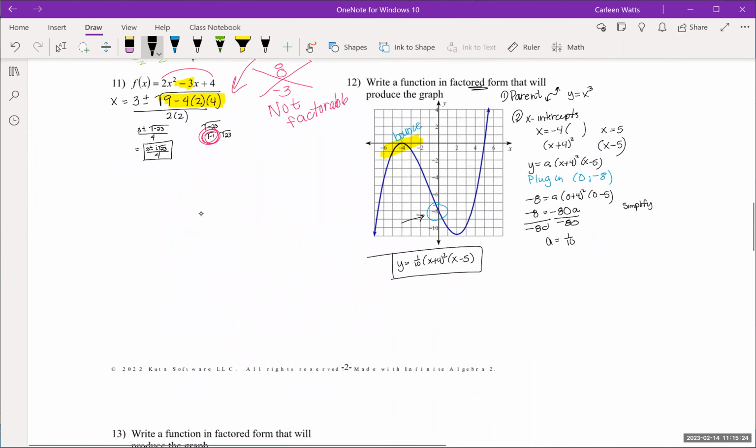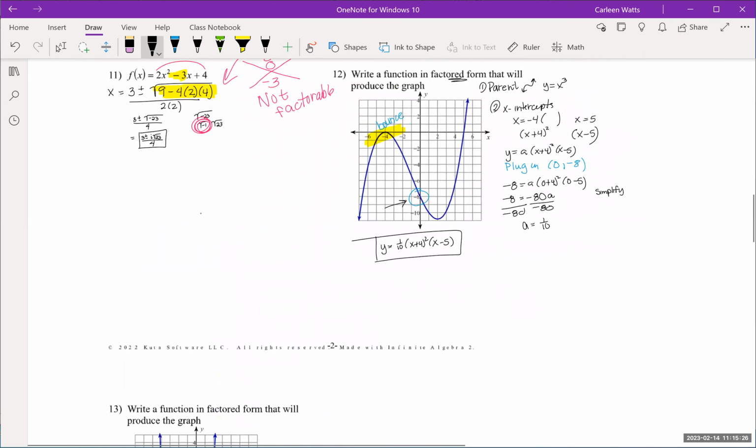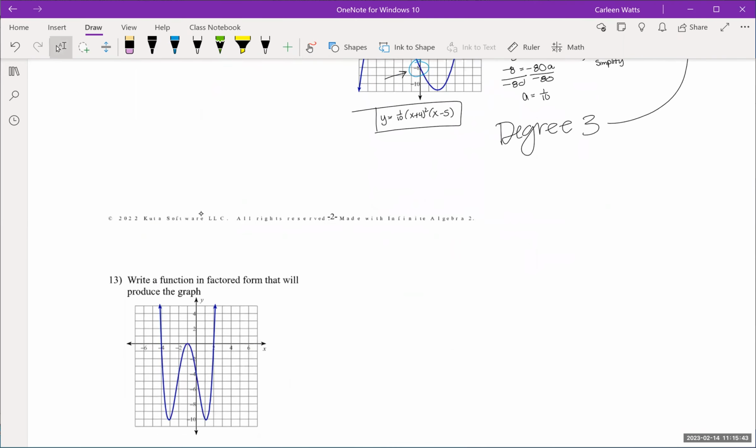Here's the deal. On your next exam, we're going to call this degree 3, which comes from the parent graph. That's the one you're going to need to do on the test. It is kind of complicated. Now, this one is degree 4. We're going to skip that one.